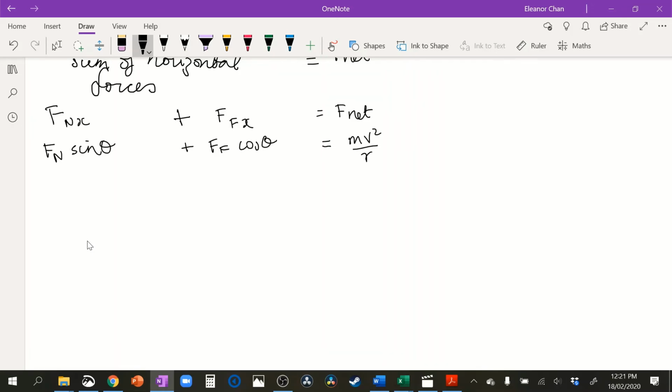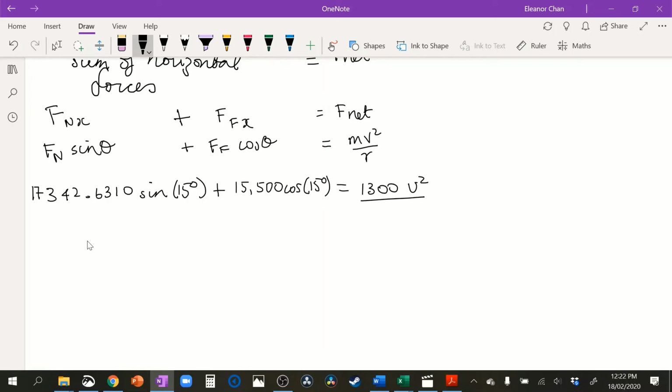Now we can substitute the information we had before, and the normal force that we calculated before, which we have saved on our calculator, 17,342.6310, on your calculator it will be longer, times sine 15 degrees, plus your friction of 15,500 times cosine 15 degrees is equal to your mass, which is 1,300, times your v squared, which we're going to solve for, divided by our radius, which is 13.0.